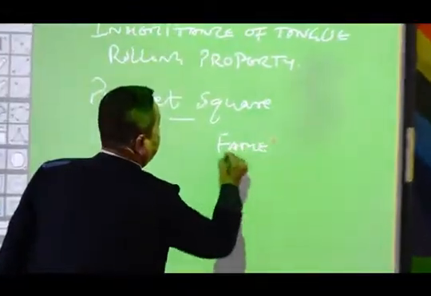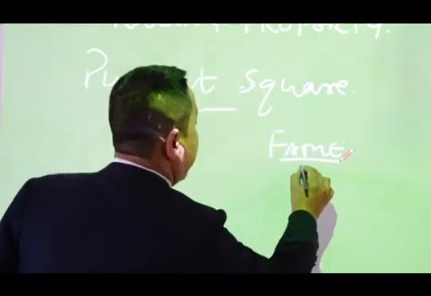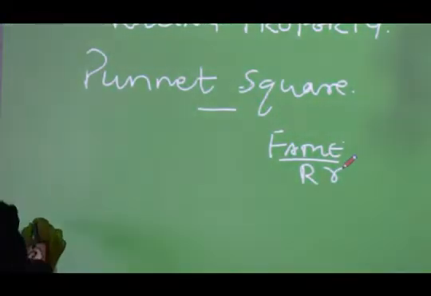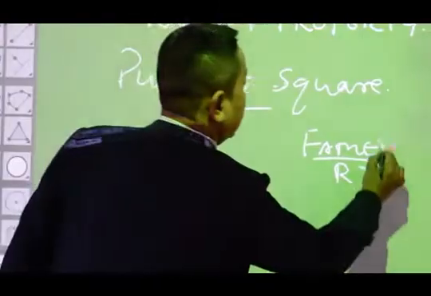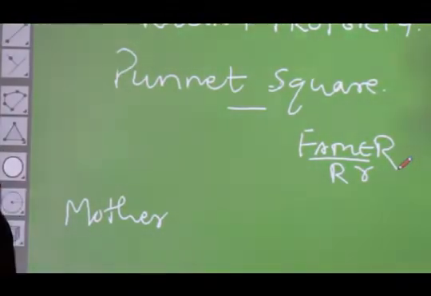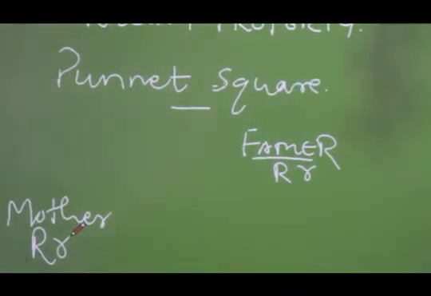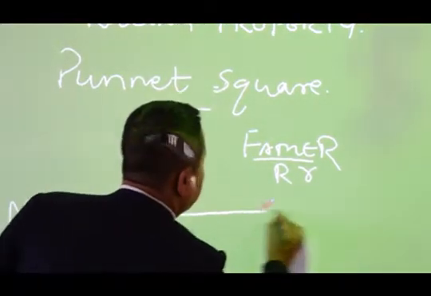Father, who is heterozygous dominant, that is capital R and small r, and here the mother is also a tongue roller who is heterozygous dominant. Alright? So now we can make a square out here.